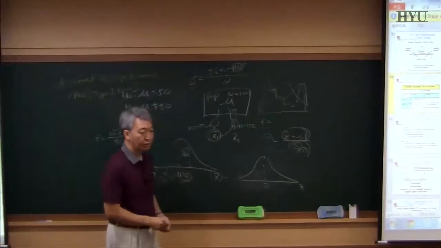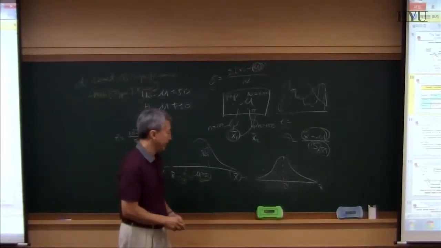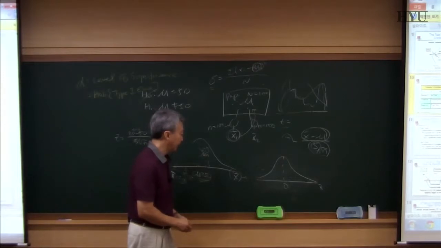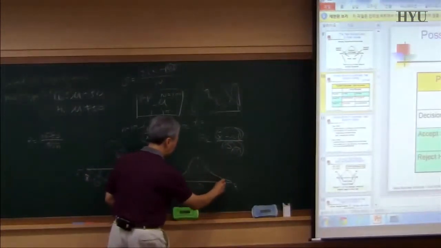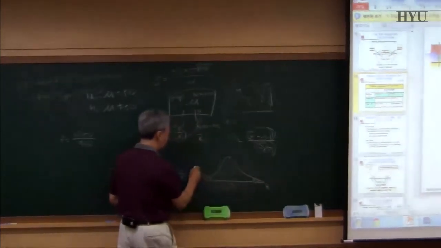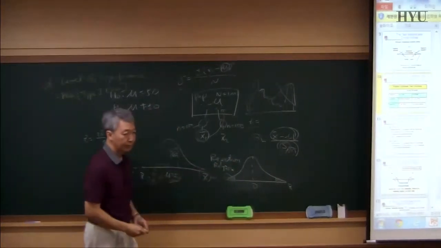The standard normal distribution center is 0 and the standard deviation is 1, right? And we're going to just set up what we call rejection region, right?